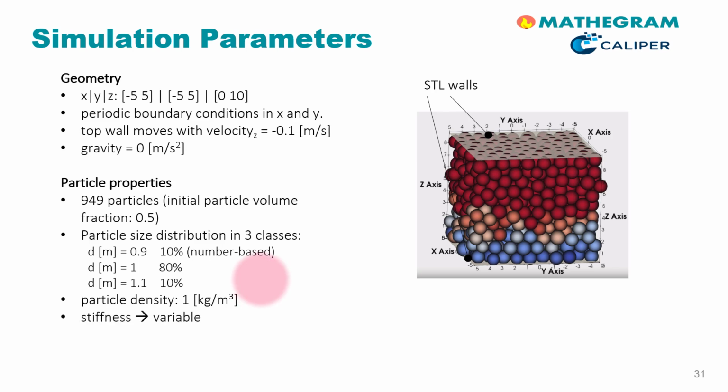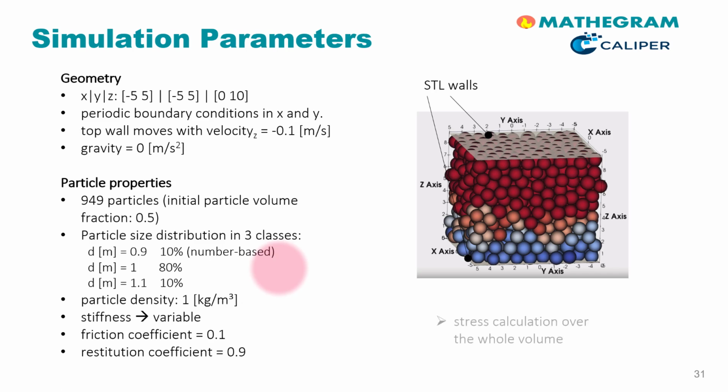The stiffness, i.e. the Young's modulus, is varied, as you will see later. The friction and coefficient of restitution have been chosen as typical values. Finally, I would like to note that the stress calculation is performed over the whole volume of the simulation. You see how this is done in the input files that are available on the iMooX platform.